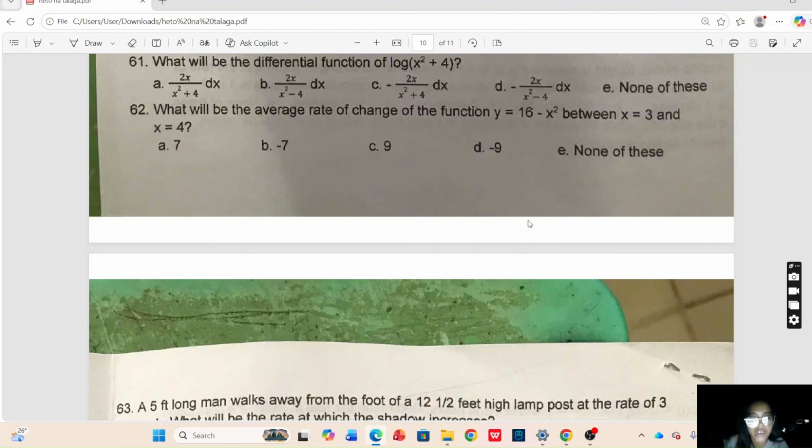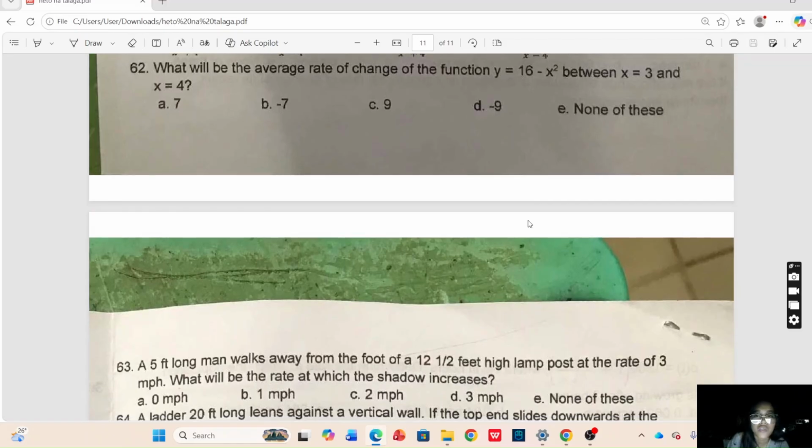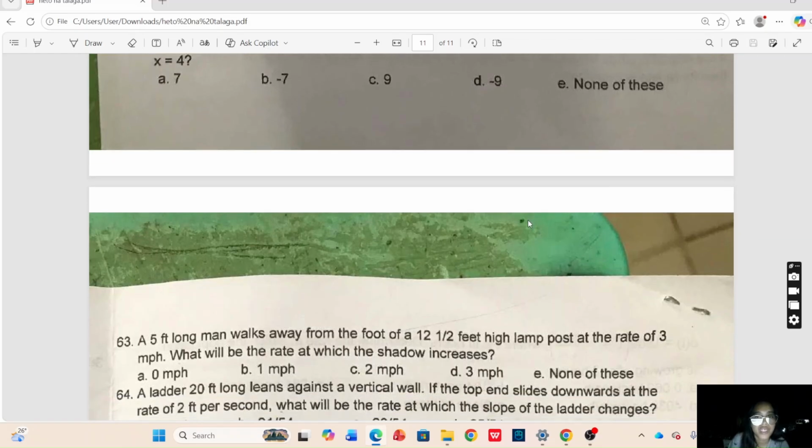The derivative of the logarithm is 1 over the inside function multiplied by the derivative of the inside expression, and simplifying it gives the correct derivative. So for 62, what will be the average rate of change of the function y equals 16 minus x squared between x equals 3 and x equals 4? We determine the average rate of change of a function between two values: we substitute the values in the function, subtract the outputs, and divide by the difference of inputs.